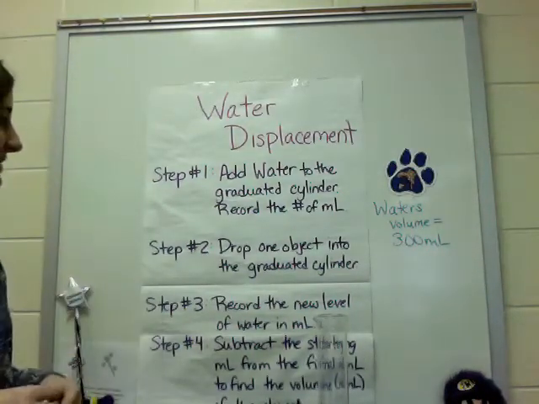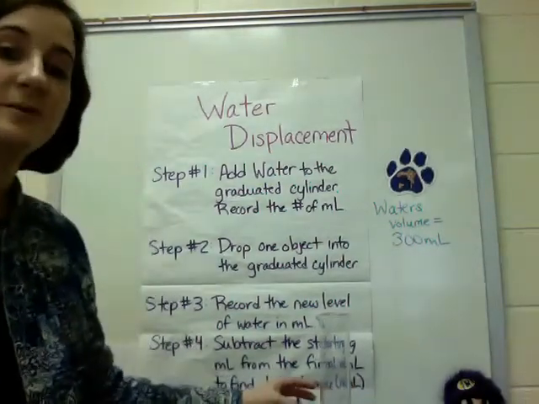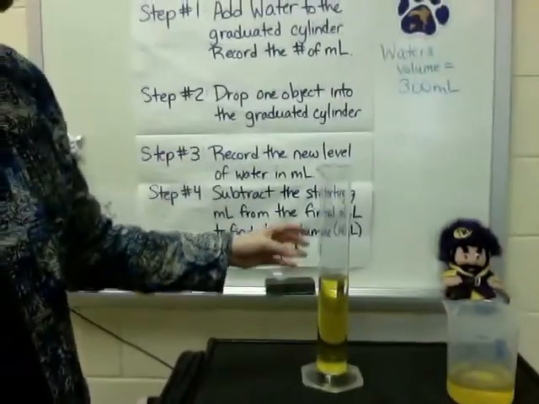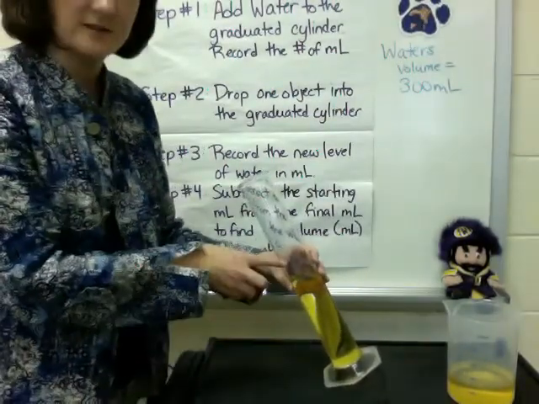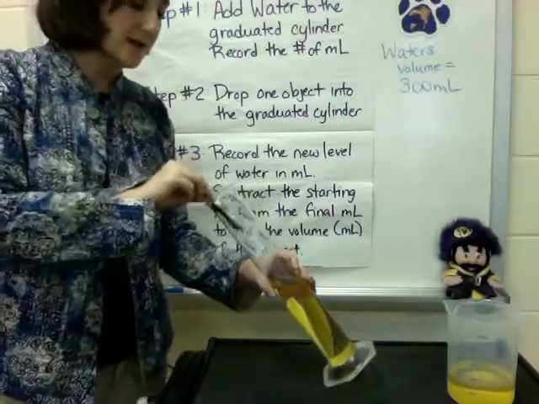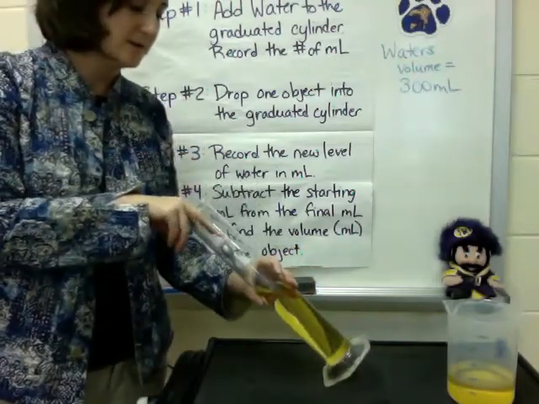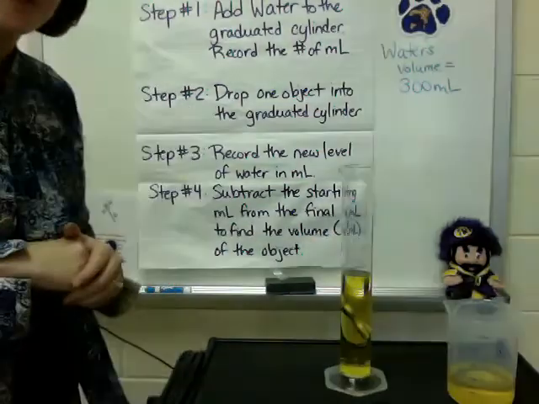Step two, it says drop the object into the graduated cylinder. Now it's very important when you go to place an item into a graduated cylinder that you tilt the graduated cylinder to the side, not allowing the liquid to pour out. We're going to slowly place the item into the graduated cylinder until it is completely submerged or underwater.